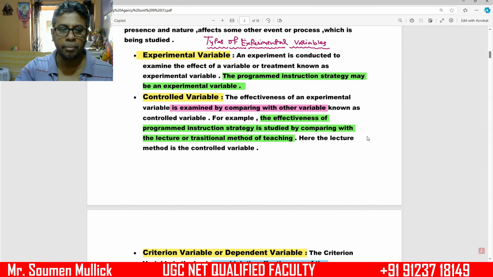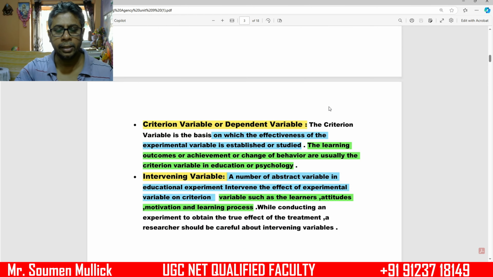Our next topic, criteria variables or dependent variables. The criteria variable is the basis on which the effectiveness of the experimental variable is established or studied. Learning outcome, achievement or change of behavior are usually the criteria variables in education or psychology.